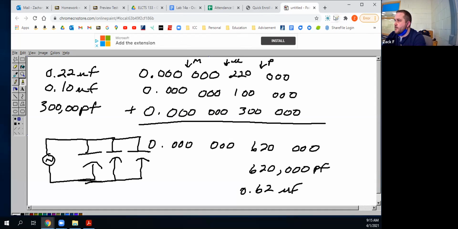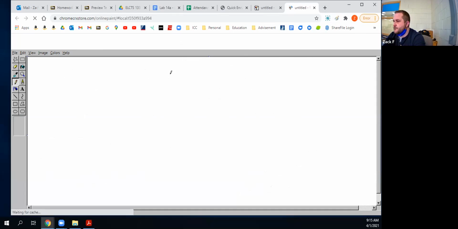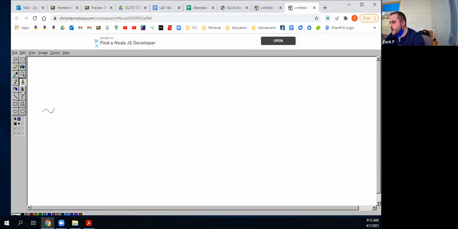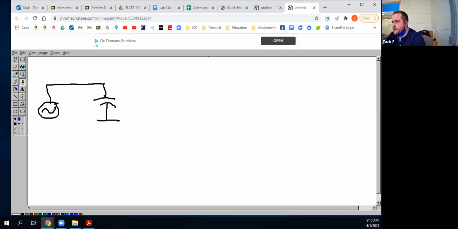All right, so this next example is saying, now I have 2 capacitors in series, and they are 4 and 6.